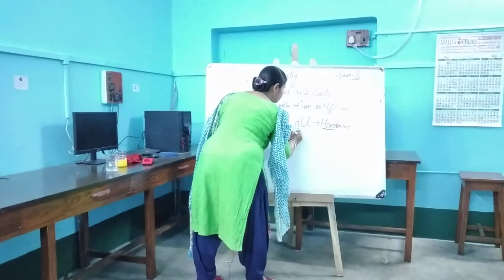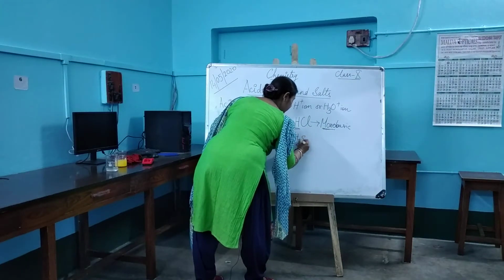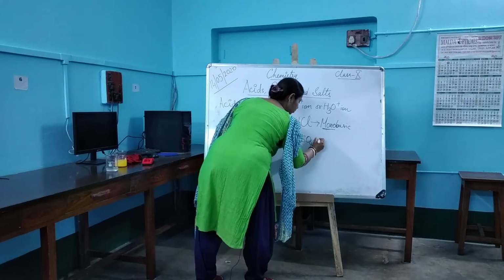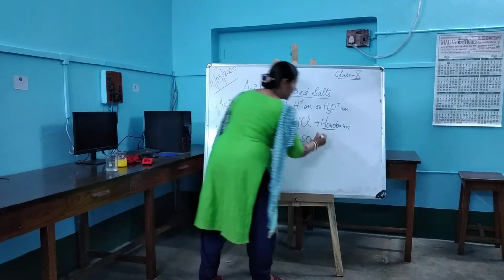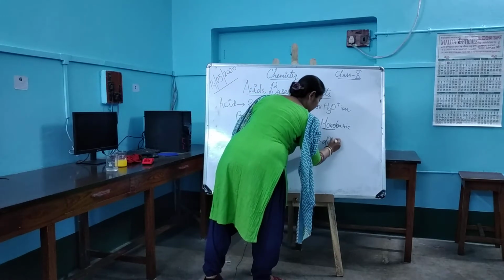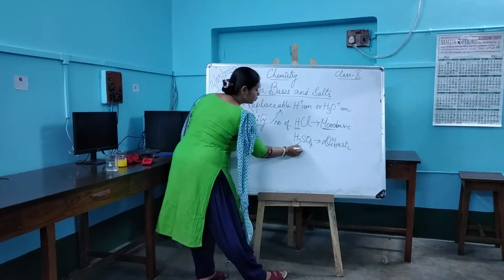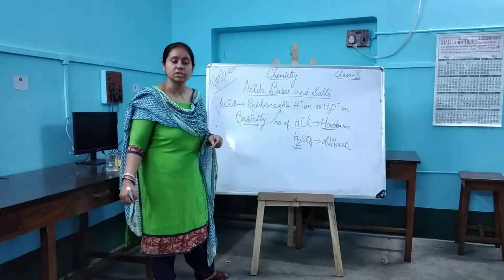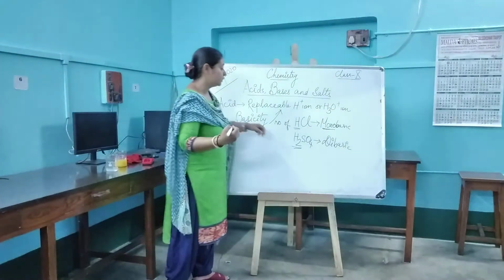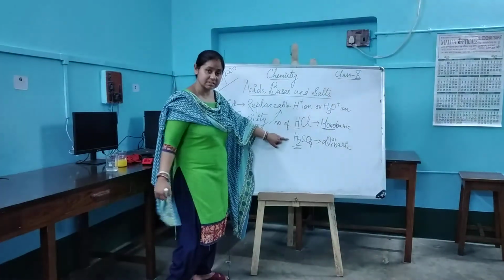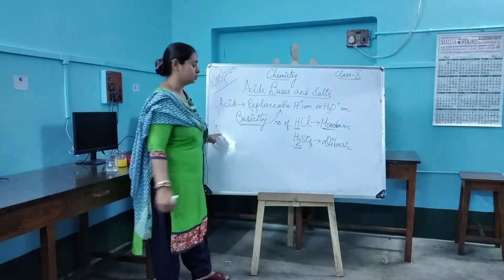Let us move on to another acid, H2SO4. This is called dibasic because it has two replaceable hydrogen atoms. How we will show that it is dibasic in nature, I'll come to that later.